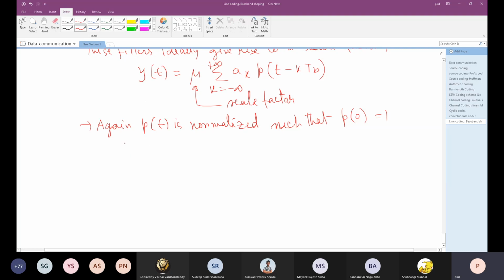Now, this is the continuous y(t) spread over minus infinity to plus infinity.